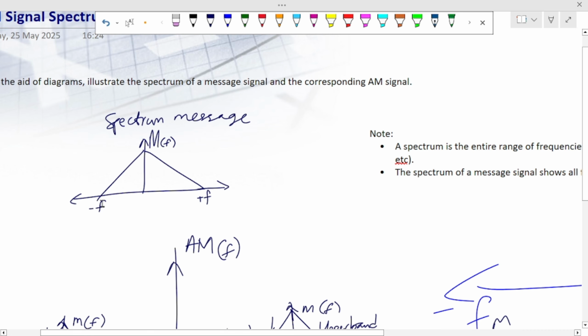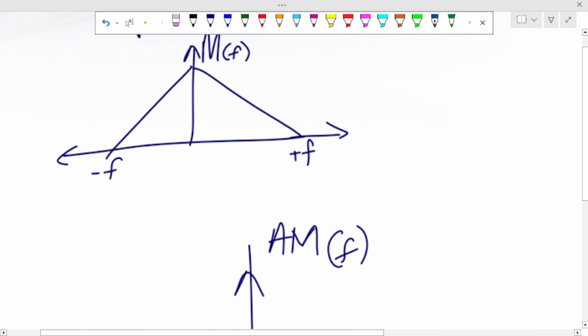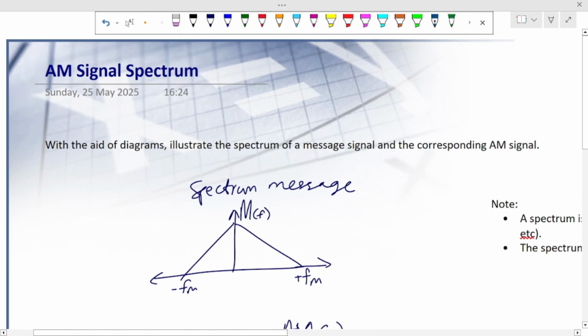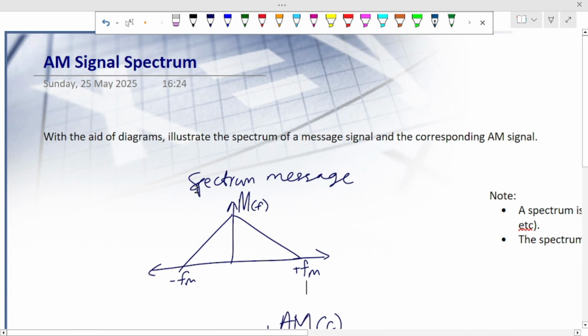I think there should be M here, so frequency for the message signal. Left side band and right side band. So this is the spectrum of the message.